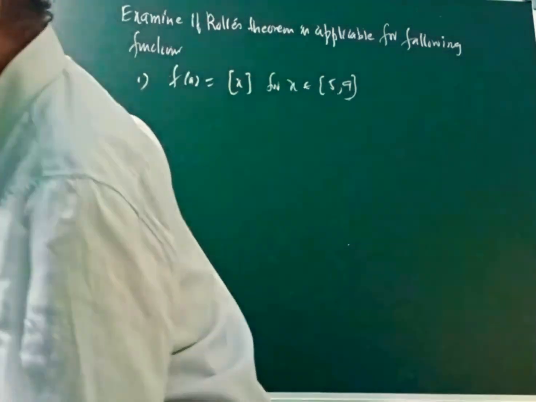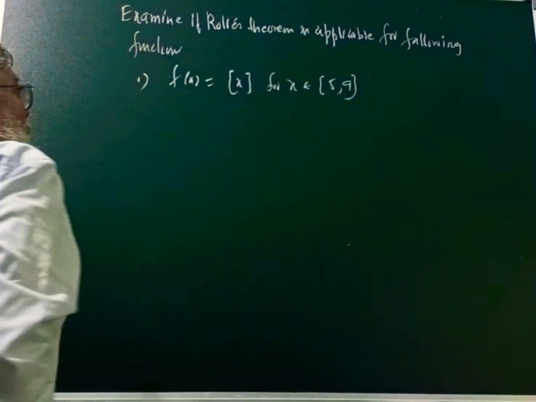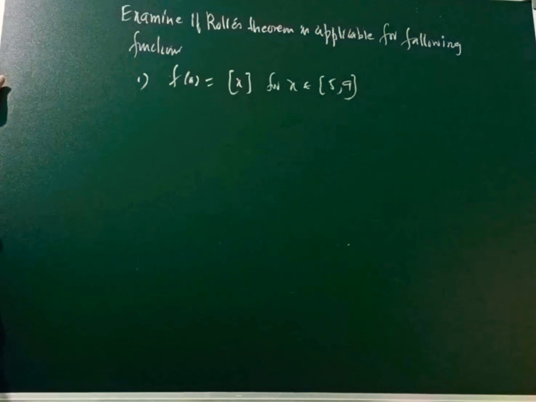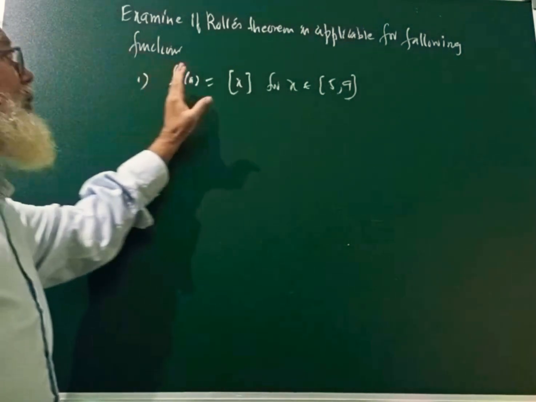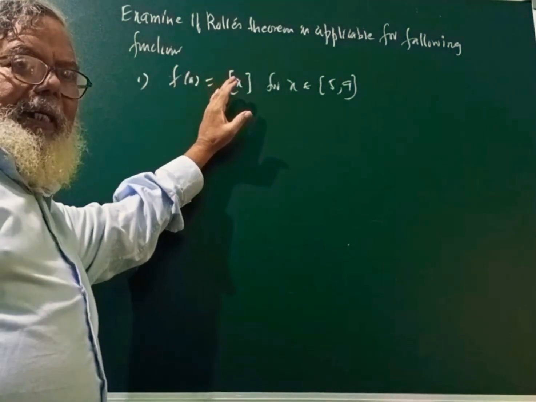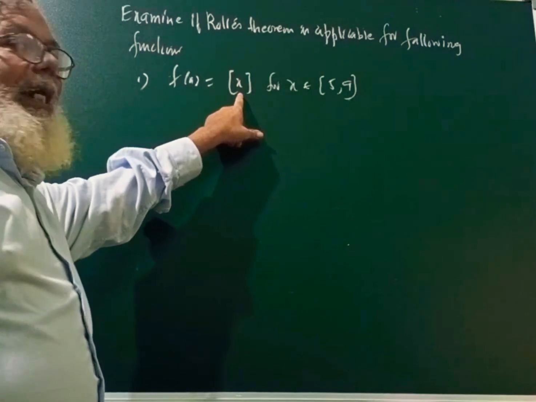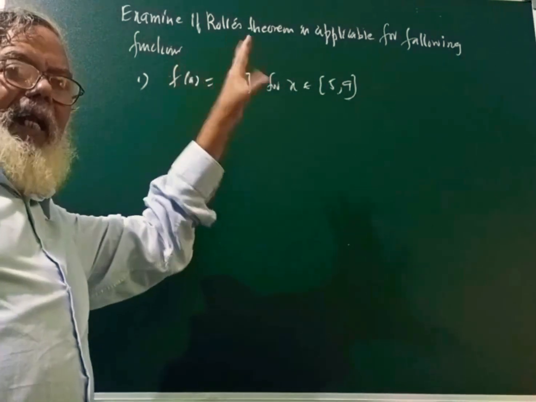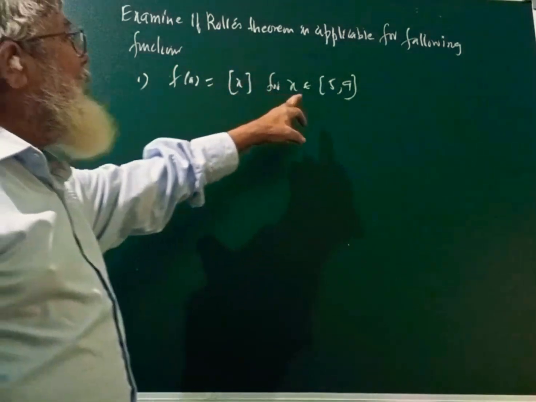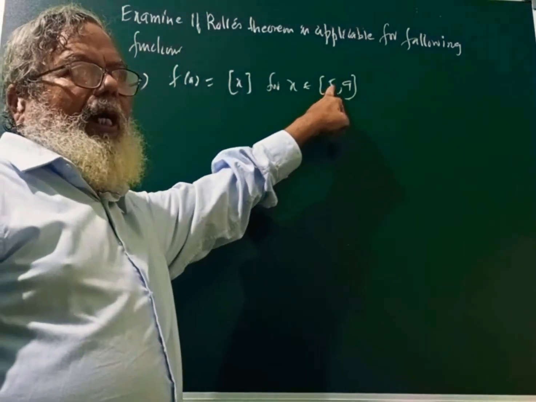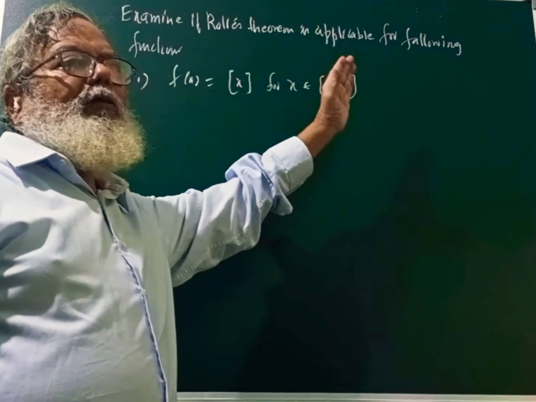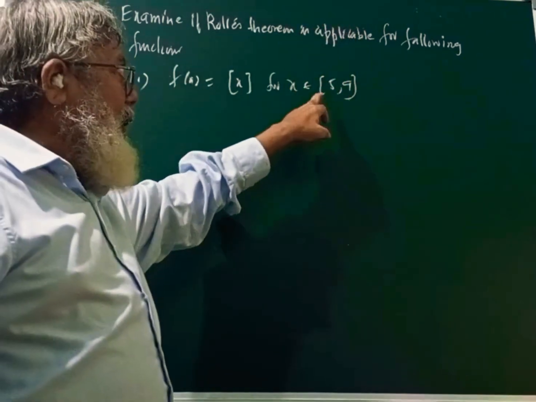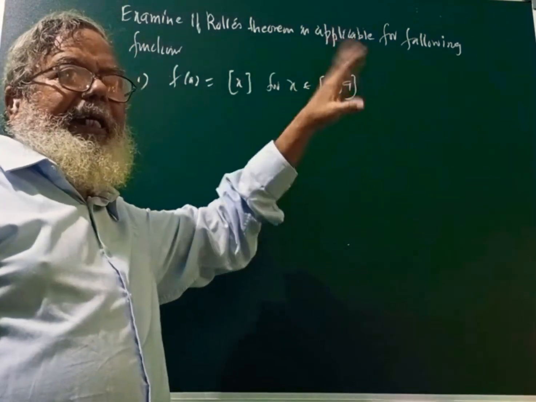If Rolle's theorem is to be applied to any function, the function should satisfy all three conditions. Let us check. We know the greatest integer function is not continuous at all integral values. We have integral values here because 5 and 9 are the endpoints. In between, there are the integral values 6, 7, 8.